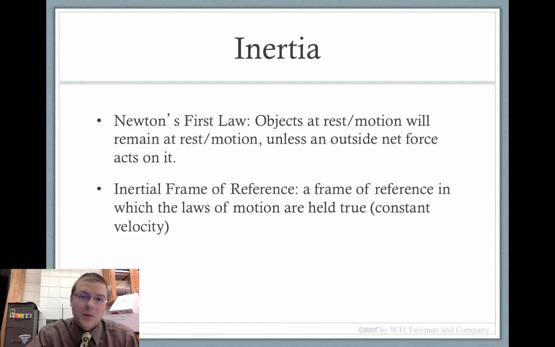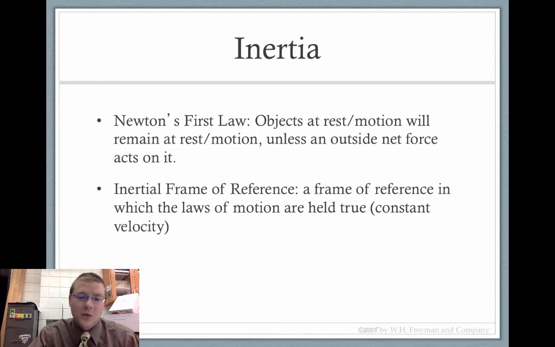So from our bowling ball scenarios, what you can see is if we have an unbalance in forces, that object will accelerate towards the unbalance. In the player hanging off the hoop example, the forces were balanced. He was at rest, he wanted to remain at rest, and there was no outside net influence. He had two forces on him, but those two forces canceled out to zero. So the object will keep doing what it was last doing.